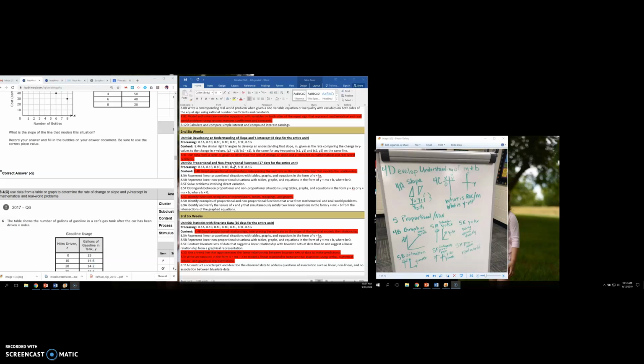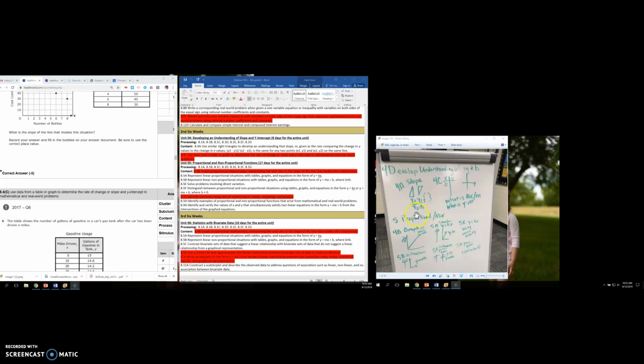And if you notice, non-proportional functions is addressed one time here in 5b, one time here in 5f, and then one time here in 5h. So non-proportional relationships, examples like y equals mx plus b, are not the big focus in this unit. It is proportional and non-proportional.